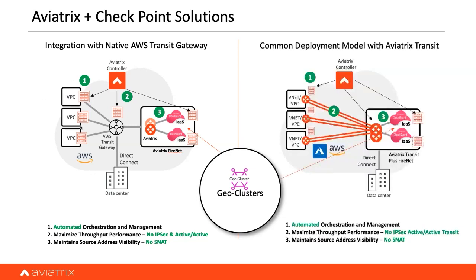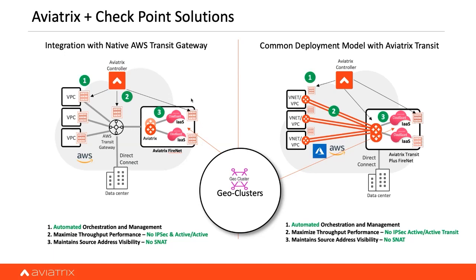This is only applicable for TGW, obviously, but if you're looking for a common deployment model, a repeatable deployment model, then this is the model for the customers out there. This is something applicable to both Azure and AWS, so you don't have to worry about a disjointed architecture, like one architecture in AWS versus a different architecture in Azure.